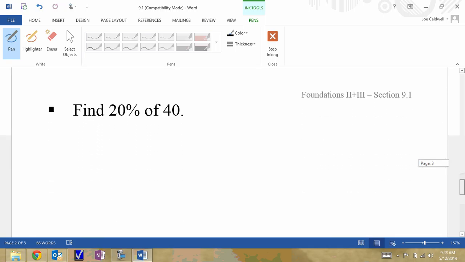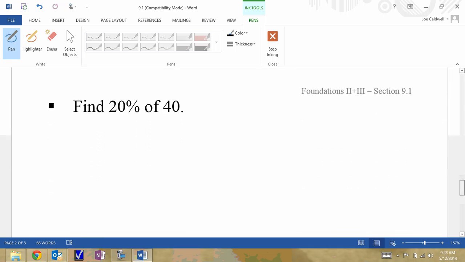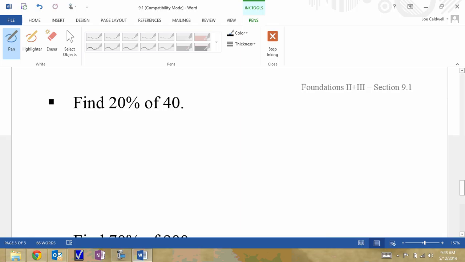Now, when we want to find 20% of 40, basically what you would need to do is turn the percent into something we can use. Percentages we don't normally use when we're trying to do an operation. So since we're talking about fractions and percents, we would turn 20% into a fraction. And if you remember from some of our story problems, the word of means multiplication. So when we're talking about 20% of 40, we're basically saying 20% times 40.